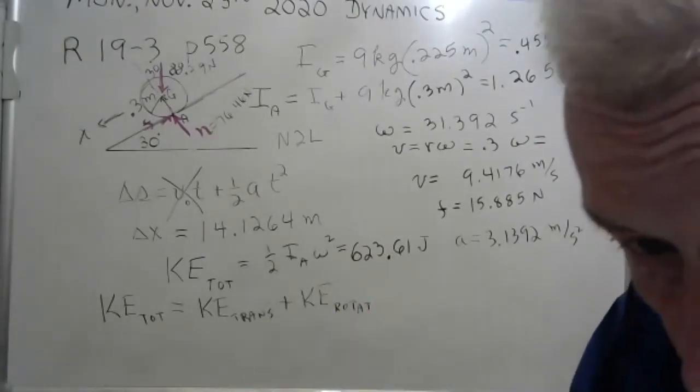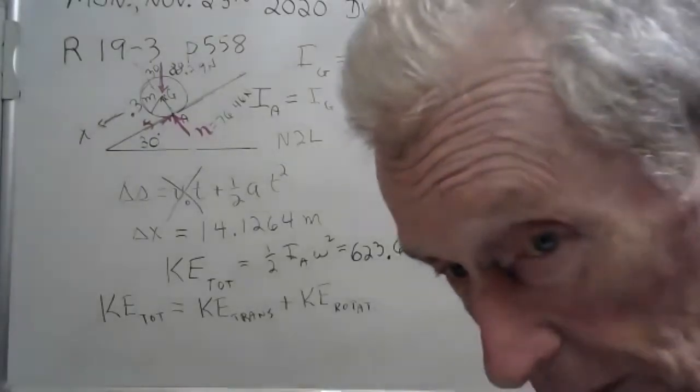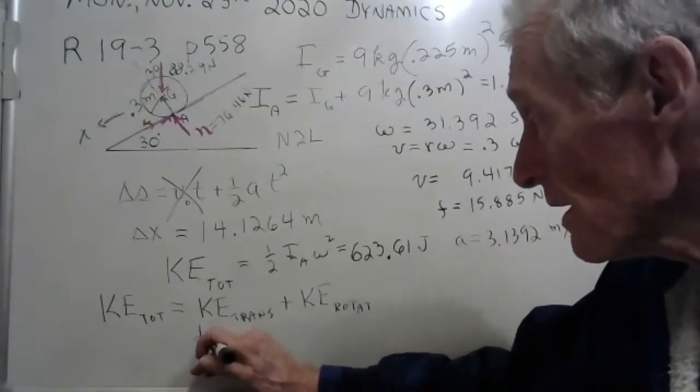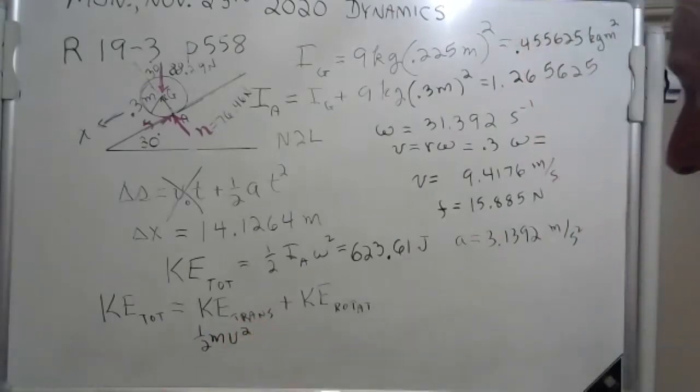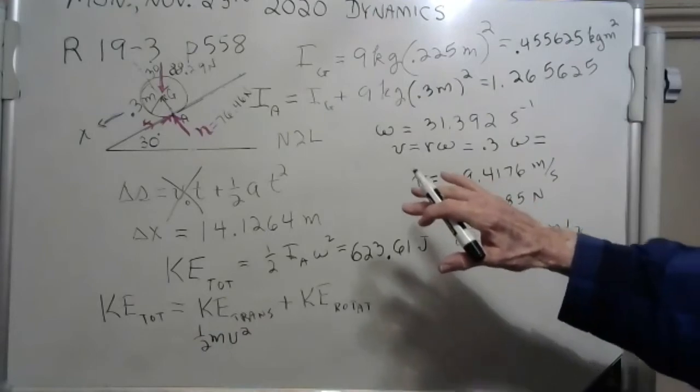We're going to get each one. This one here is 1/2 the mass times the velocity squared. We have the velocity, and the mass is 9 kilograms.